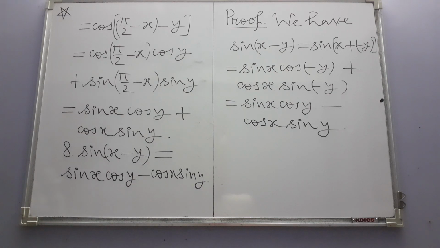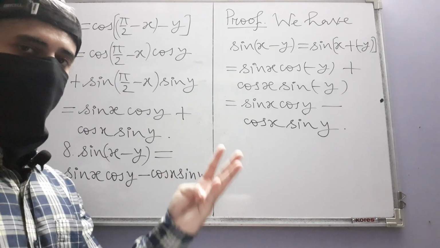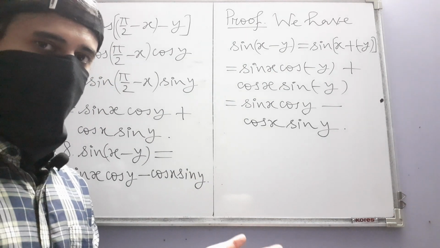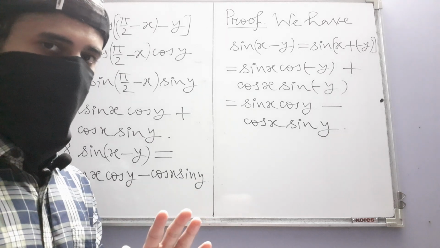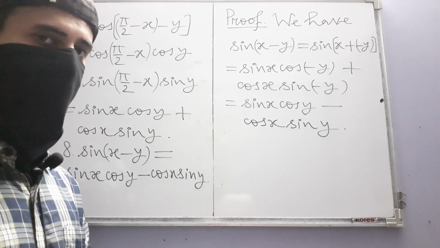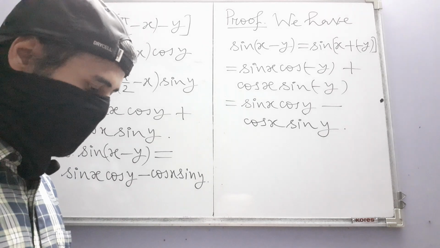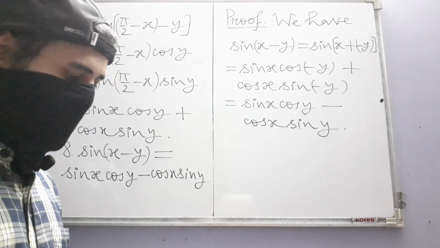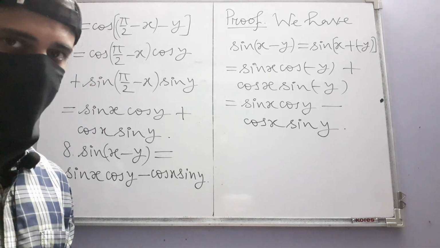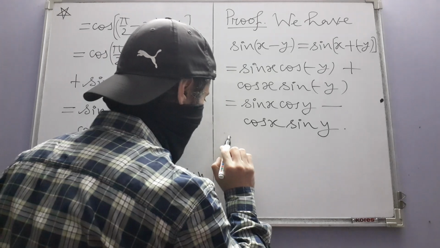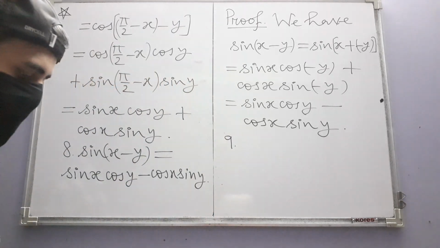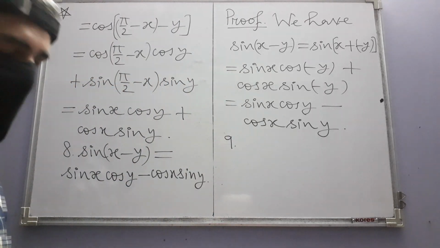Okay, so we now have four formulae. The sum of two angles, the difference of two angles, they are sine and cosine. Now, just like that, you can have many other formulae. In fact, the book notes these ones.